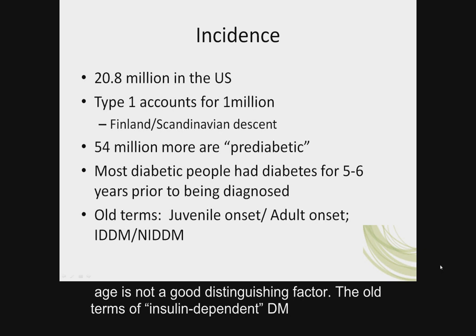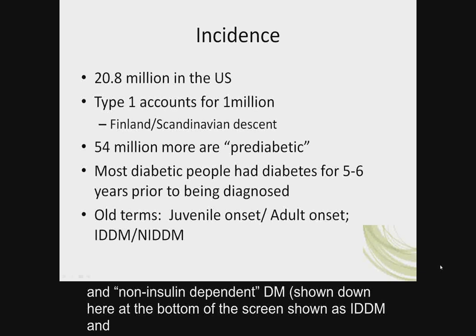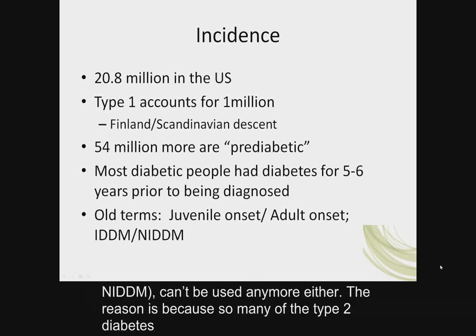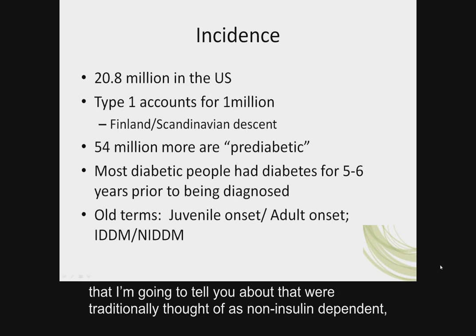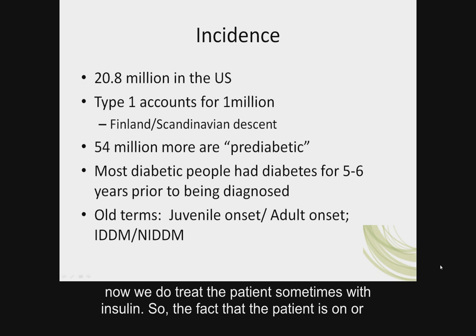The old terms of insulin-dependent DM and non-insulin-dependent DM, shown down here at the bottom of the screen as IDDM and NIDDM, can't be used anymore either. The reason is because so many of the type 2 diabetes patients that I'm going to tell you about, that were traditionally thought of as non-insulin dependent, well, now we do treat sometimes with insulin.